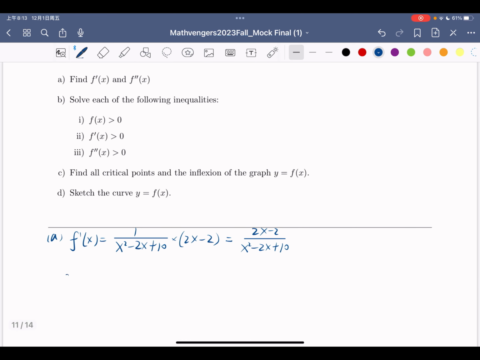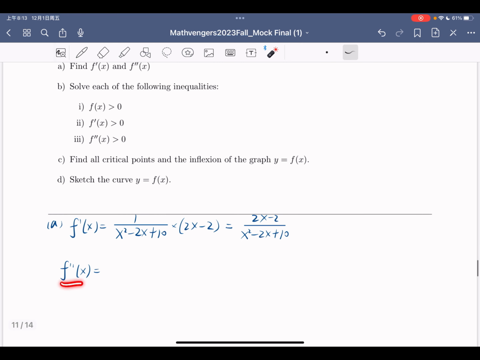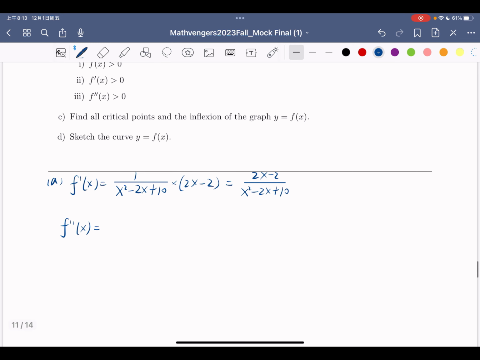Then we need to compute the second derivative. For the second derivative, you just need to consider the function for the first derivative and differentiate this function. So now, how can we do this? This is f(x) over g(x), so we need to use the quotient rule.